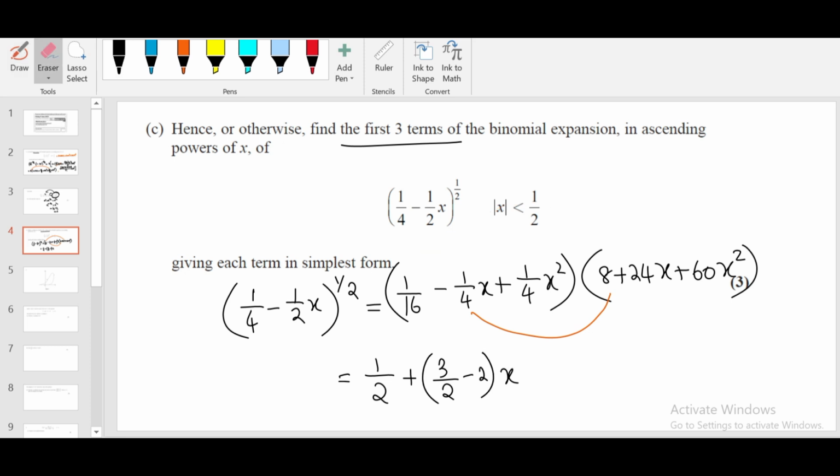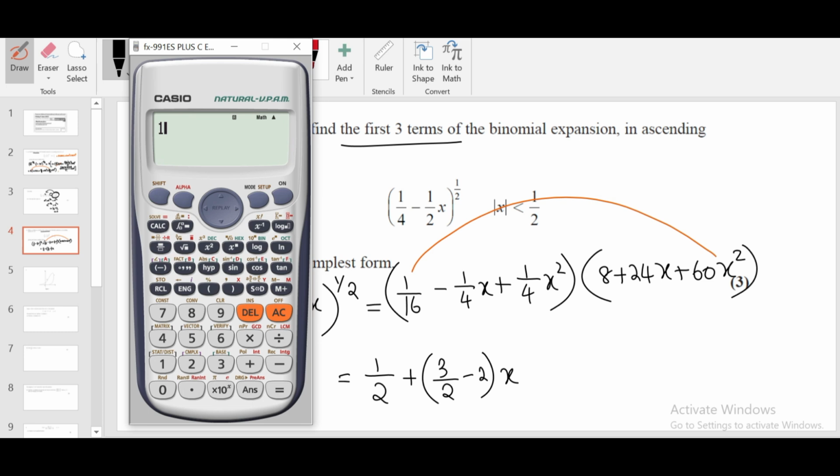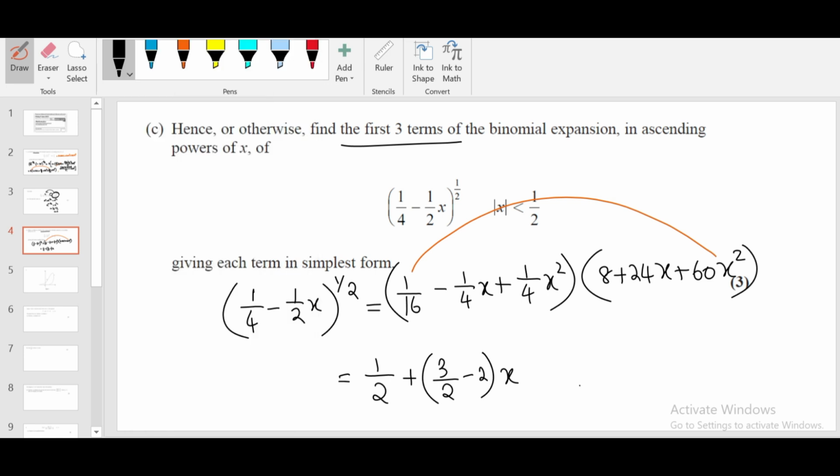And then you get the third term by multiplying, first this and this, this and this, which is going to be 1 over 16 times 16. 1 over 16 times 16 is 15 over 4.